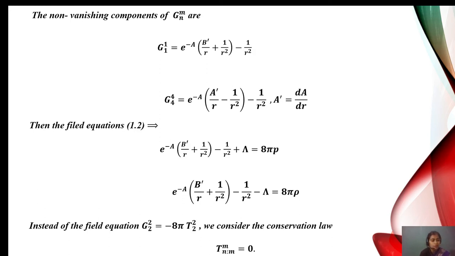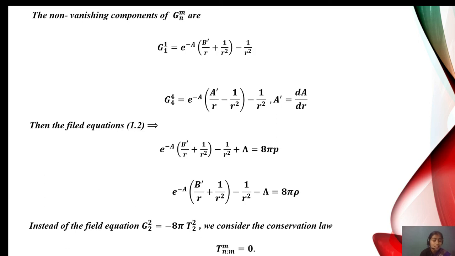Then the field equation in the 1.2 form is e^(-a) (b'/r + 1/r^2) - 1/r^2 equals 8 pi p. Then e^(-a) (a'/r - 1/r^2) + 1/r^2 equals 8 pi rho.